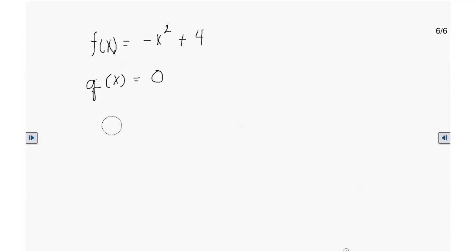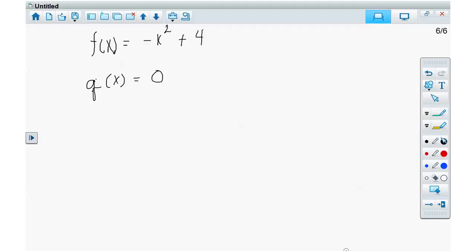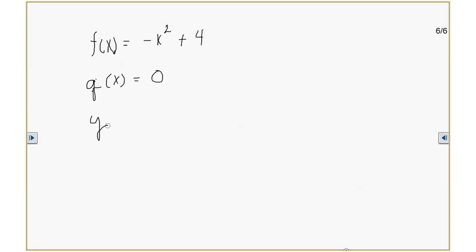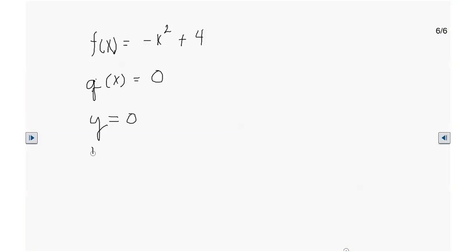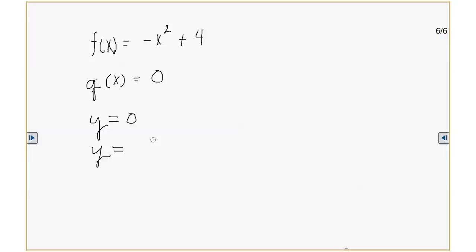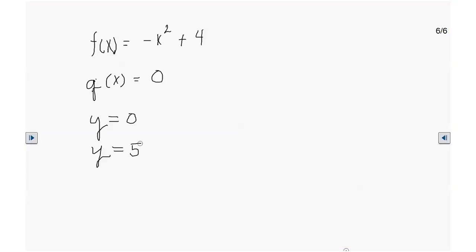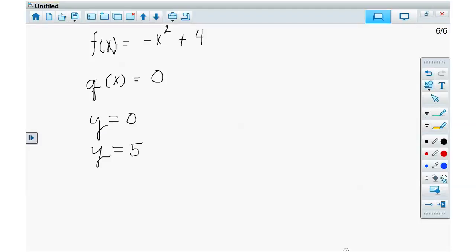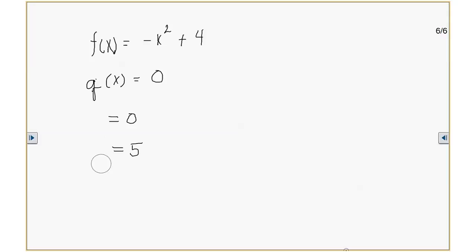I'm going off of one of these in the book, the way they've got it kind of messes people up. y is equal to 0 and y is equal to 5. No, x, sorry. There we go.